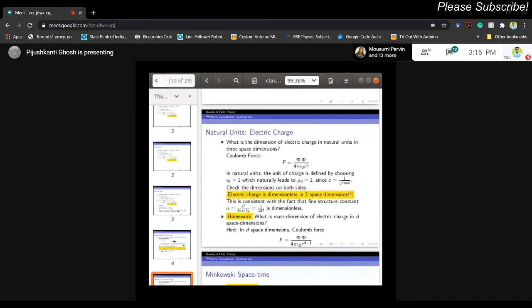In 4 dimensions, the gravitation force form is proportional to 1 by r cube. So if you now study the orbit formation and their stability using 1 by r cube potential, then the result is that the orbits are not stable. If you give a small perturbation, then it will go out of the orbit.